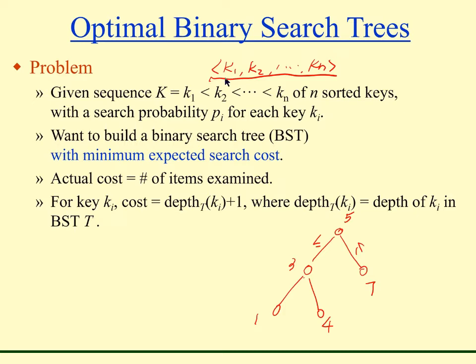It must meet this relationship: K1 less than, or you can put equal, it doesn't matter, just this is strictly less. So K1 less than or equal to K2, and so on and so forth. Kn are the sorted keys. Okay, so that means what we can do is only sorting the keys.